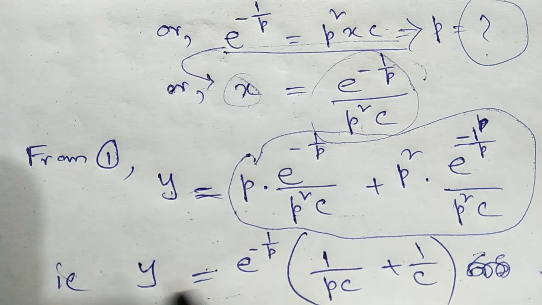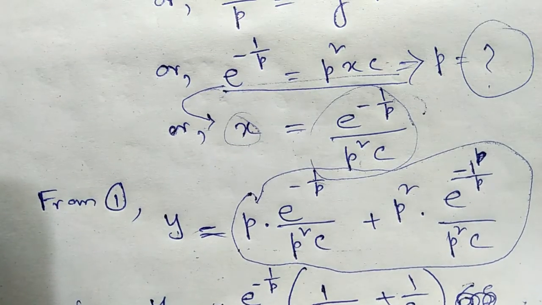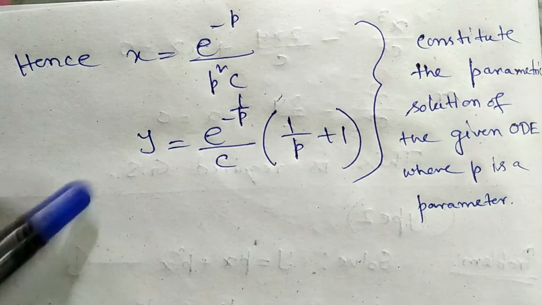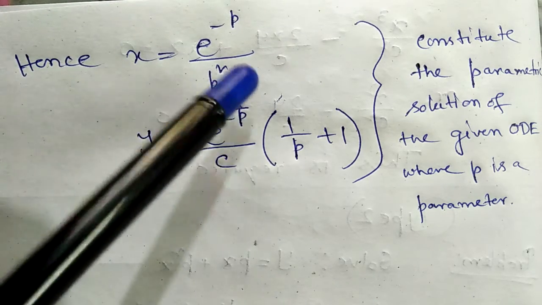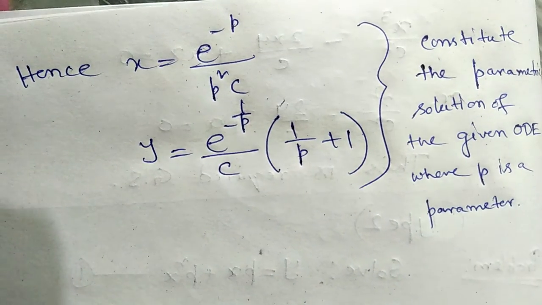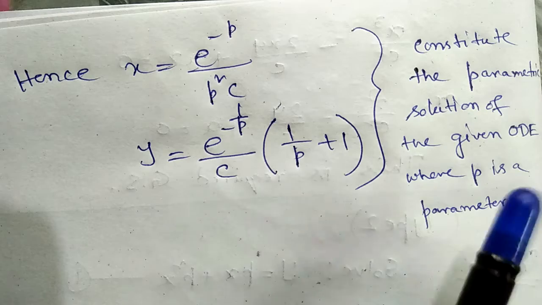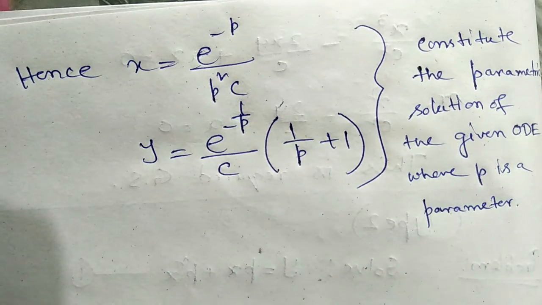These two are the general solution. I am just writing it. Here we get x equal to this and y equal to this. So combining these two, we get the general solution, that is, the parametric solution of the given ODE where p is a parameter.